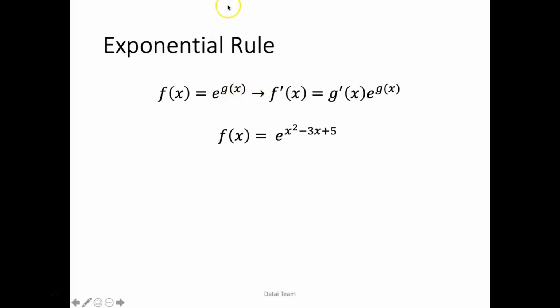For example, if we have e to the power of x squared minus 3x plus 5, we keep this part the same and multiply it by the first derivative of this function, which is 2x minus 3. So our f prime x is equal to 2x minus 3 times e to the power of x squared minus 3x plus 5.